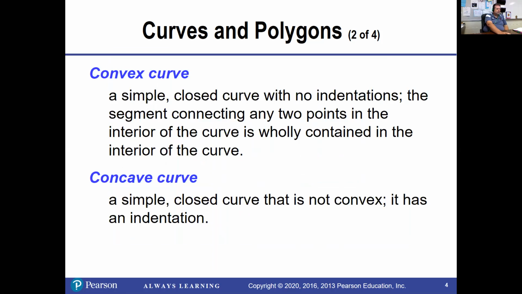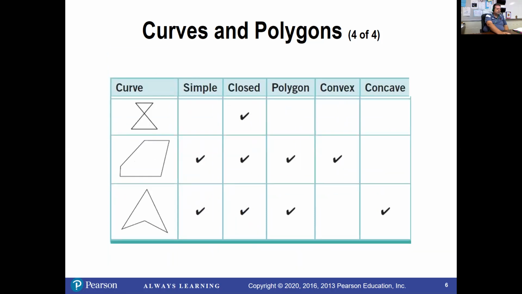So if it's not simple, it can't be convex or concave. These two have to actually be checked. Here I have a simple, closed curve. Is it a polygon? Is it made up of straight lines? Yes. Is it convex or concave? These two can never both be true at the same time, and it is convex. There are no cave-ins. This would be your cave-in right here.